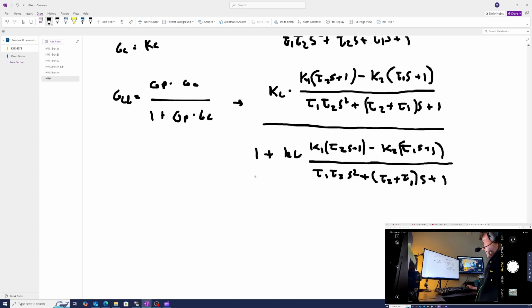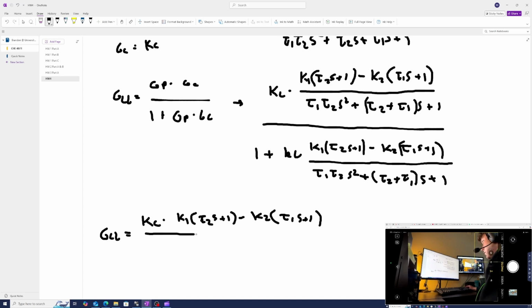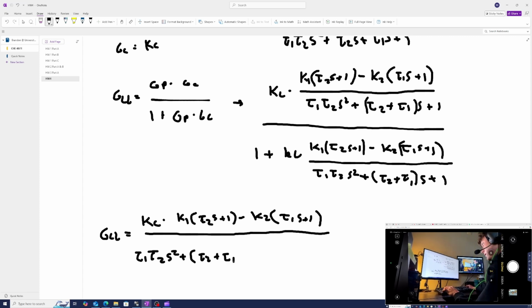So what we'll end up with for our final GCL is KC times K1 times tau 2 s plus 1 minus K2 tau 1 s plus 1 over tau 1 tau 2 s squared plus tau 2 plus tau 1 times s plus 1 plus KC times K1 tau 2 s plus 1.